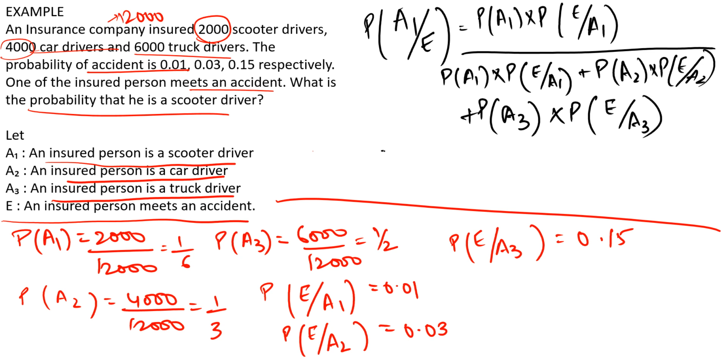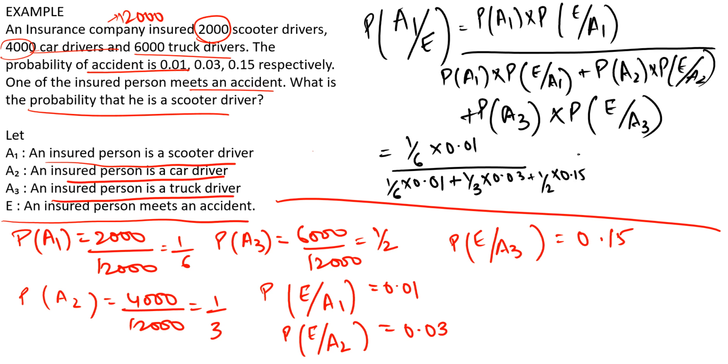So simply putting in the values, the first one is 1 by 6 into 0.01 upon 1 by 6 into 0.01 plus 1 by 3 into 0.03, right, plus 1 by 2 into 0.15. This is simply equal to 1 upon 52, right? So this is the probability that it is a scooter driver given that the insured person has already met with an accident, right? So this is the main application of Bayes theorem.